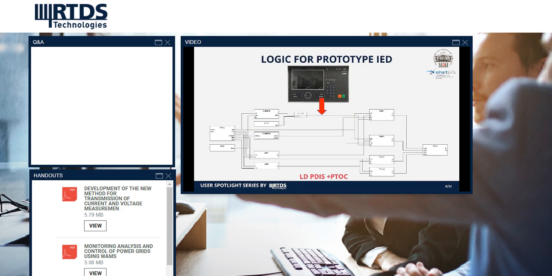This slide presents a logical device for overcurrent protection and distance protection realized in the IED prototype. It has to be said that the distance protection logical device consists of the following logical nodes.